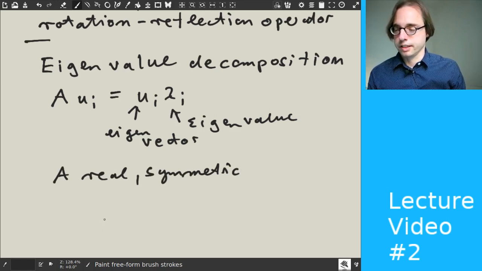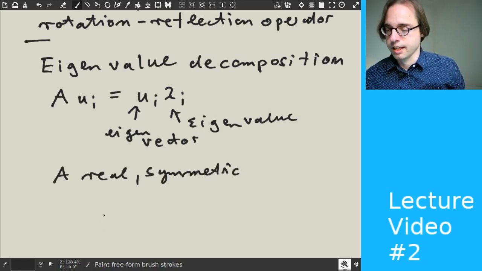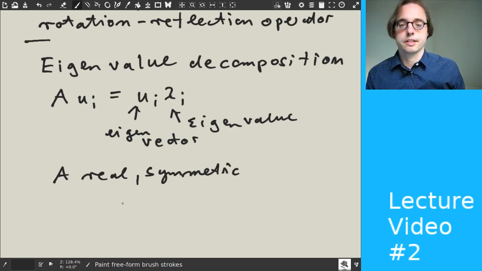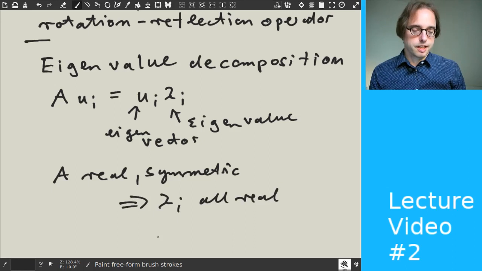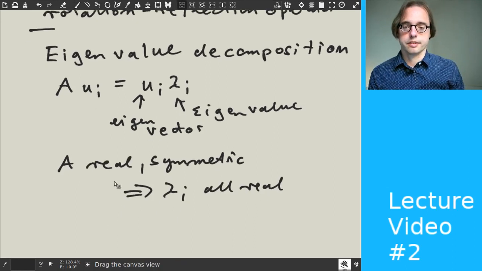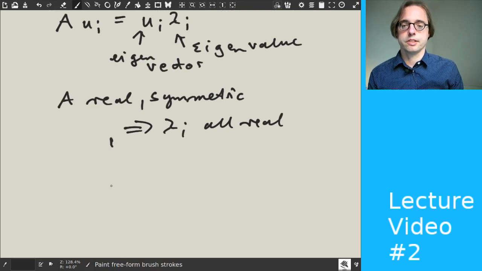If it's real and symmetric, then the eigenvalues are all real, so the lambda_i are all real. And if this is the case, we can do a decomposition as follows.